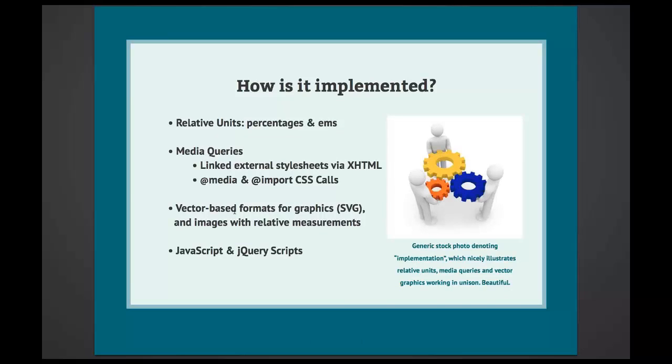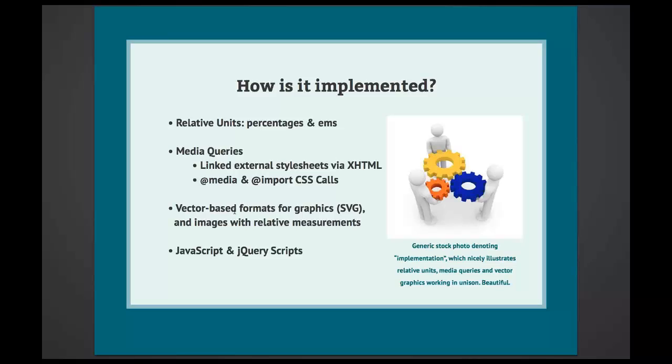Pretty much all responsive uses relative units. So the majority of sites will either use percentages or ems as their unit of measurement. And then they'll use media queries to link to external style sheets via HTML or CSS. And you can also include inline media queries within CSS as well.